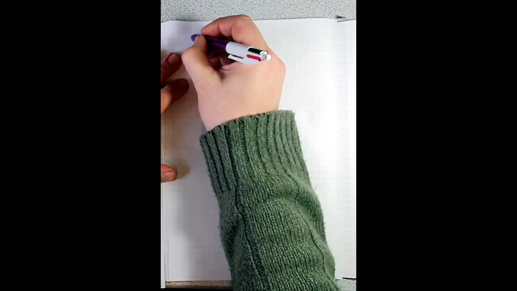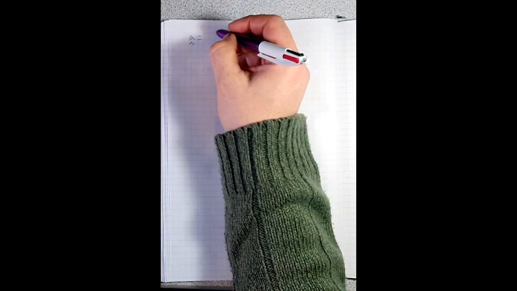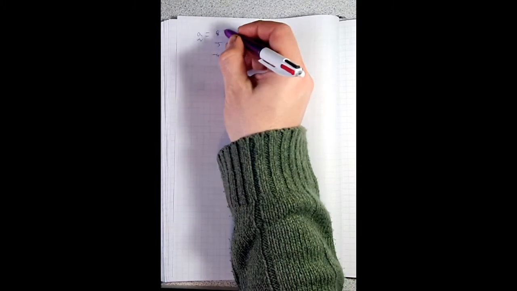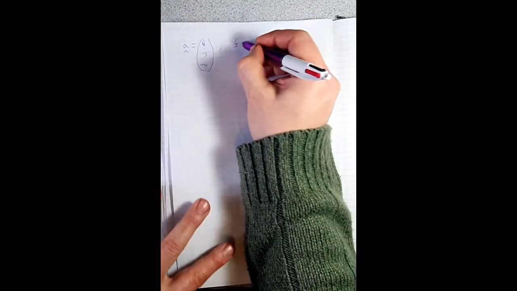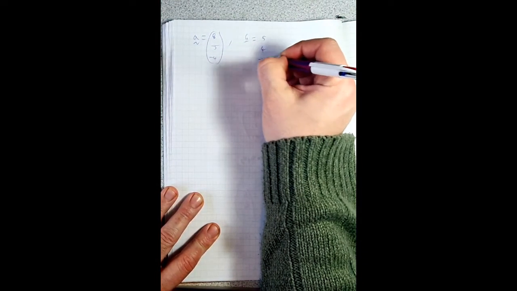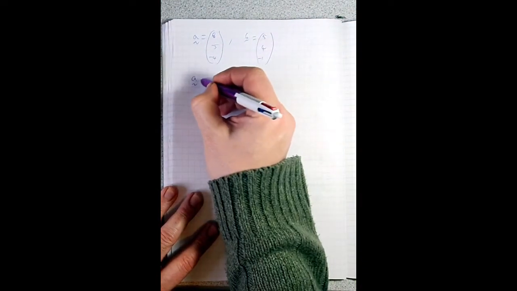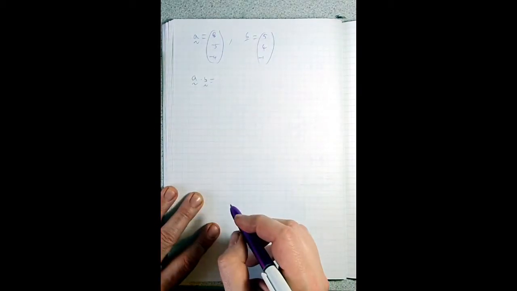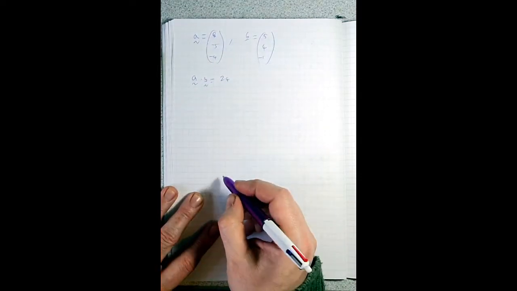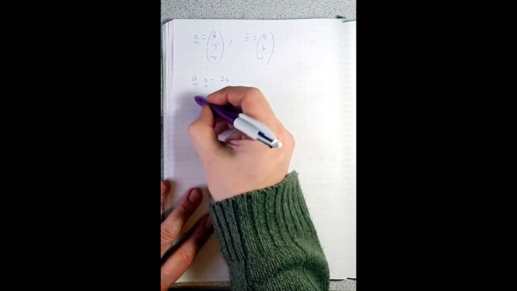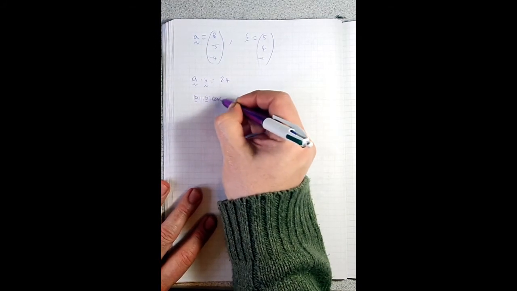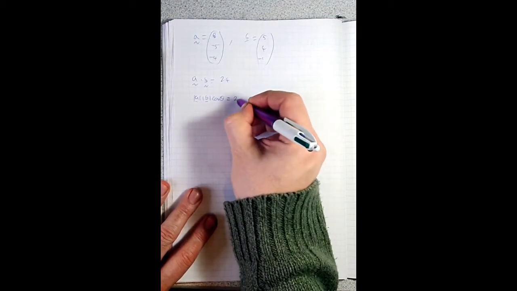So let's write out the vectors again. A is (8, -5, -4). B is (5, 4, -1). And I know that A dot B is 24. Let's use the original definition: mod A, mod B, cos theta equals 24.